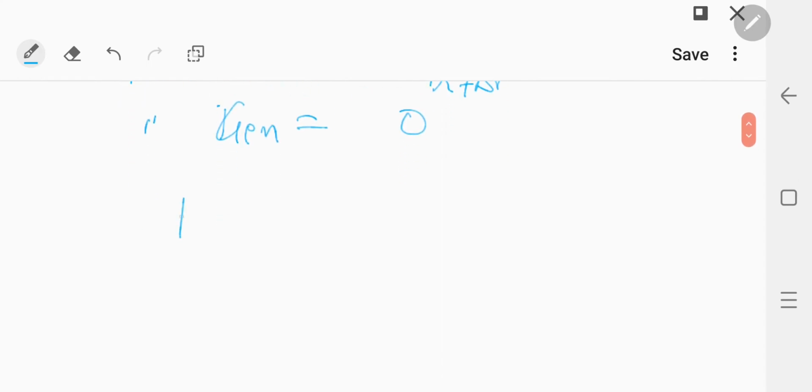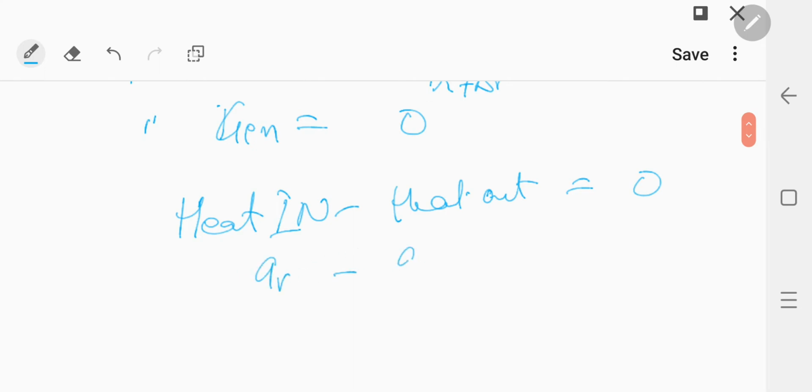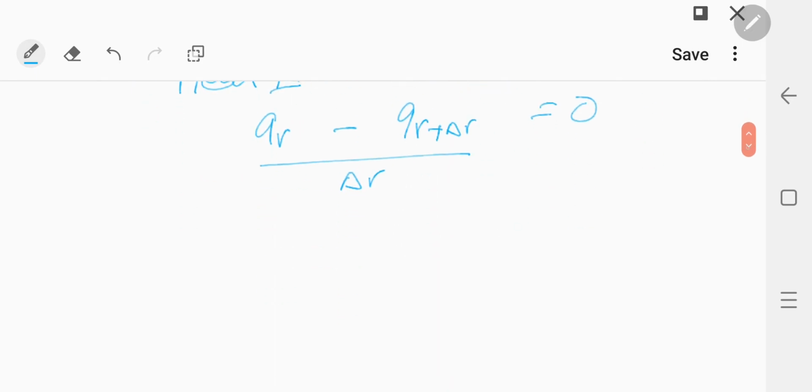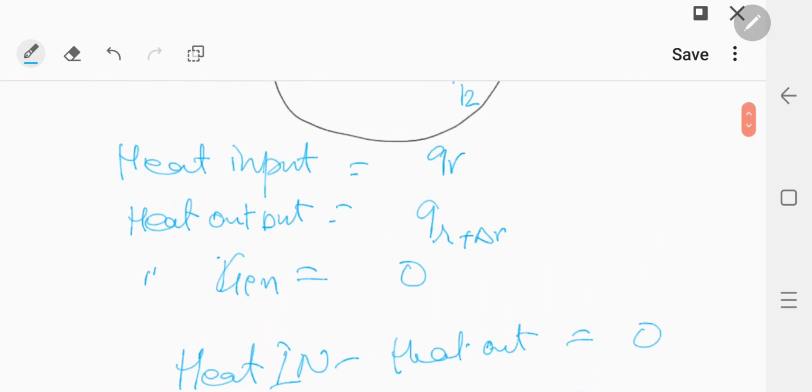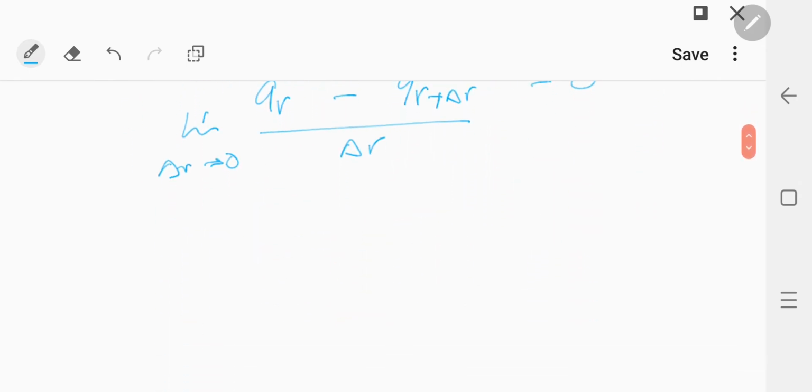we're going to have heat input minus heat output equal to 0. So what is in minus out, and if you divide by delta r, what we are left with is QR minus QR plus delta r equal to 0, divided by delta r, in the limit as delta r approaches 0.